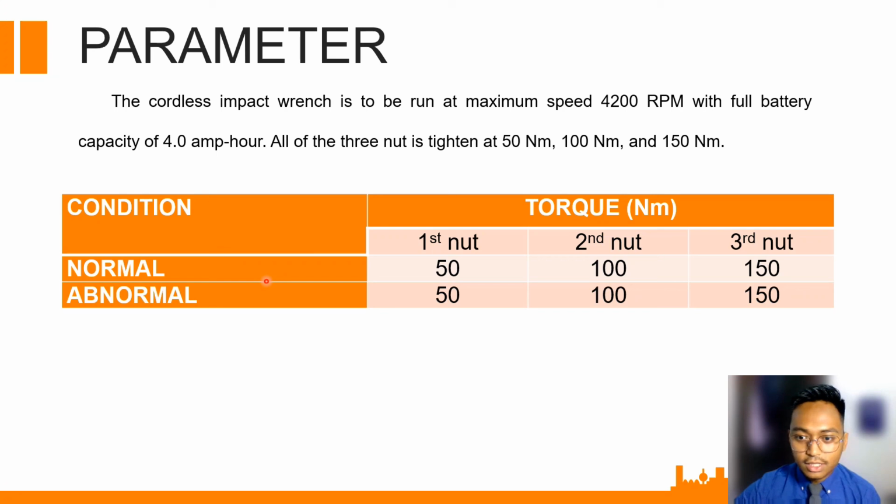The first is normal condition, no fault, and the second is abnormal condition. For this experiment, the abnormal condition or the fault is the bearing that is attached to the motor.